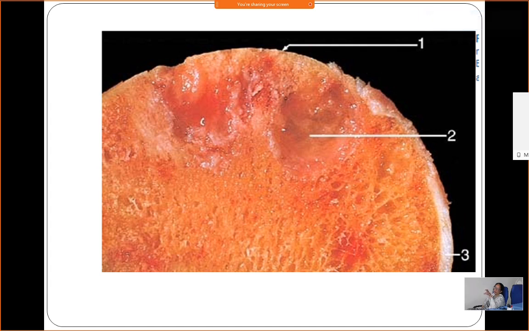This is what happens, and a chip of bone from the subchondral area loosens up and goes free into the joint space, and that causes damage and eventually stiffness of the joint.